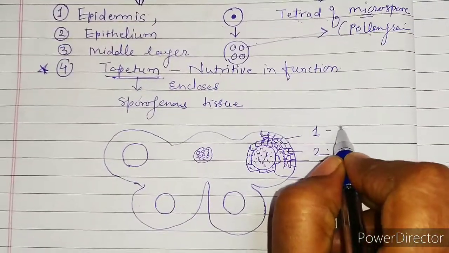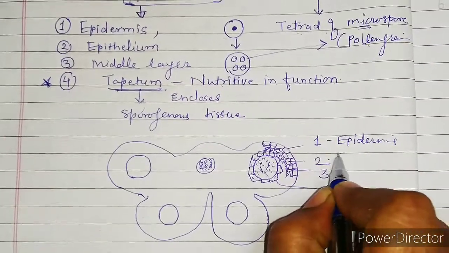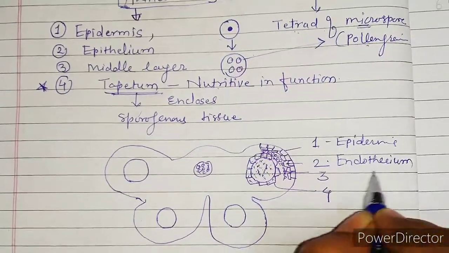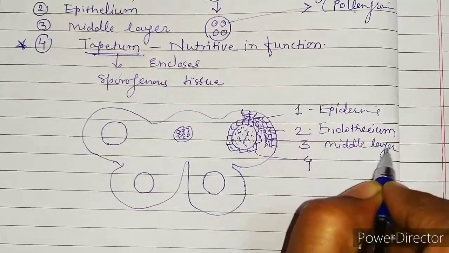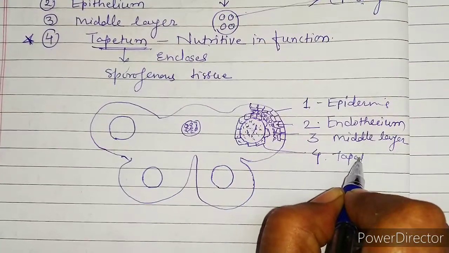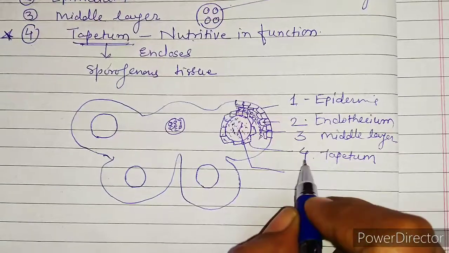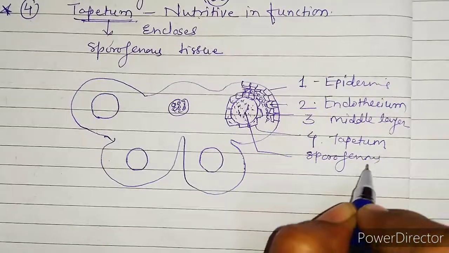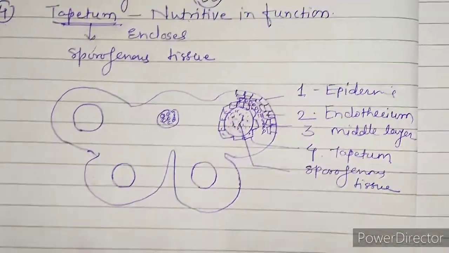So you can write here number 1 epidermis, second one endothecium, third one middle layer, and the fourth one is tapetum. And here inner, these are the sporogenous tissue which later on gives rise to microspores.